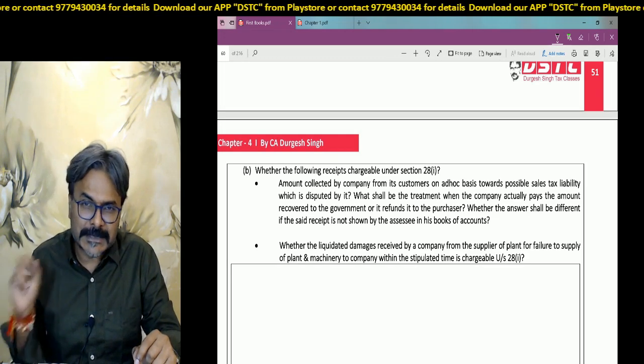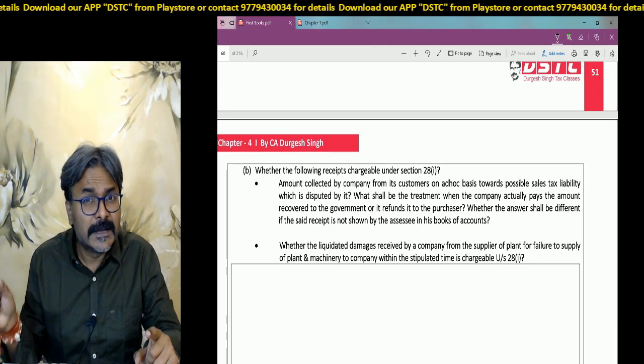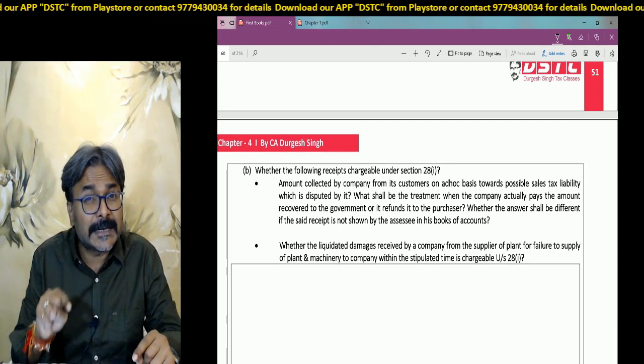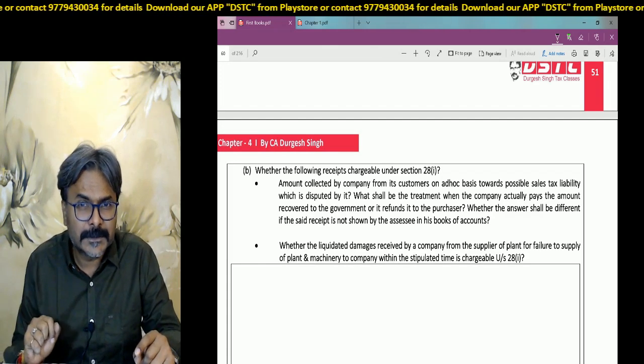for business. Once you arrive at the net profit as per the books for business, you have to check whether that net profit is as per the commercial accounting principle or not.